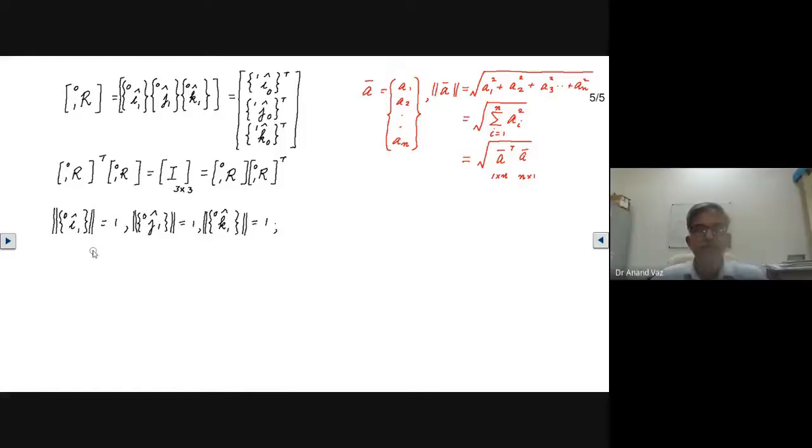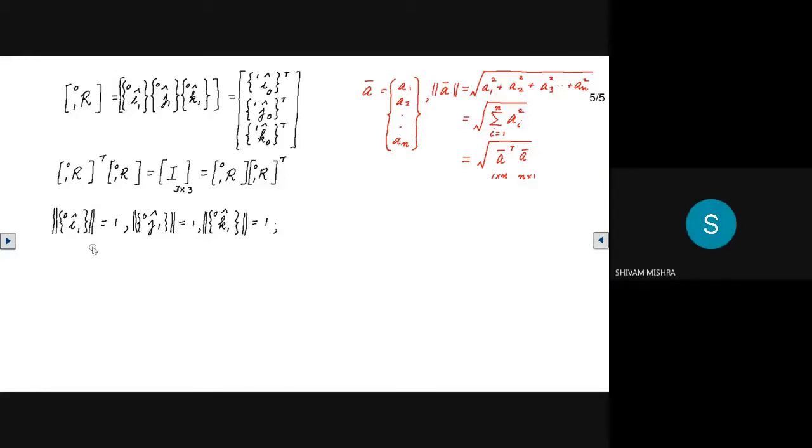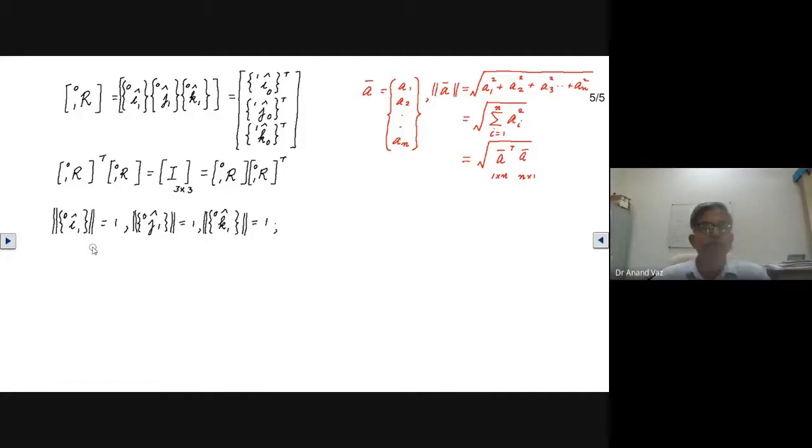You take their dot product, right? And the dot product of these two vectors, if they are perpendicular, what will be the dot product? Zero. It will be 0, right? So the dot product of mutually perpendicular vectors will be 0.